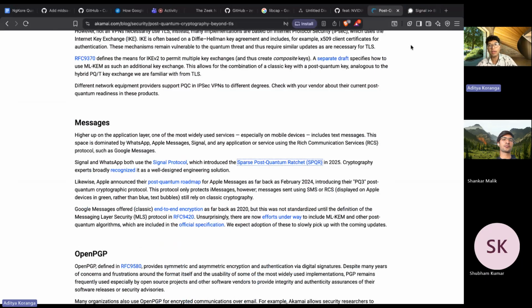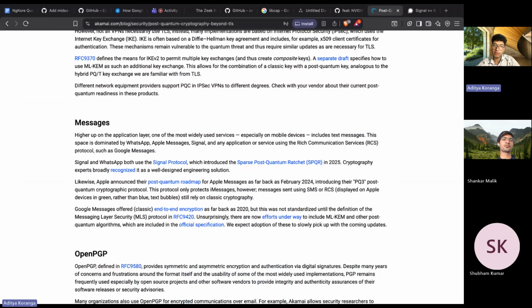I have a little understanding about this, but I have not done the full reading. I'll put it in the doc, and it uses a three-way PQC and so on. So Signal and WhatsApp are already adopted in the messaging area.